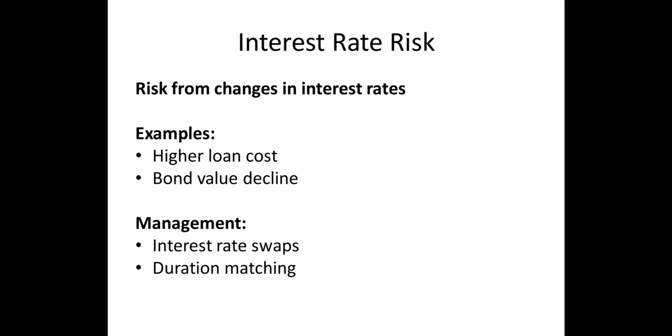Another bank will repay the amount of the previous bank. Okay. In this way, swapping will be there in interest rate. And duration matching, means matching the duration, will help in interest rate risk.